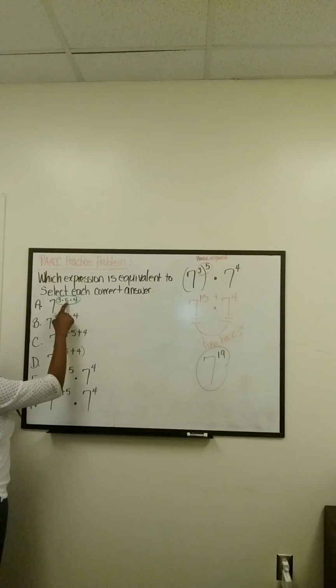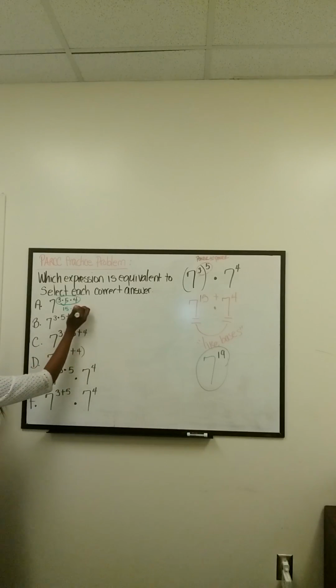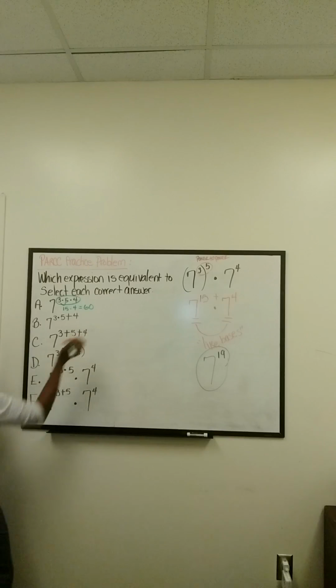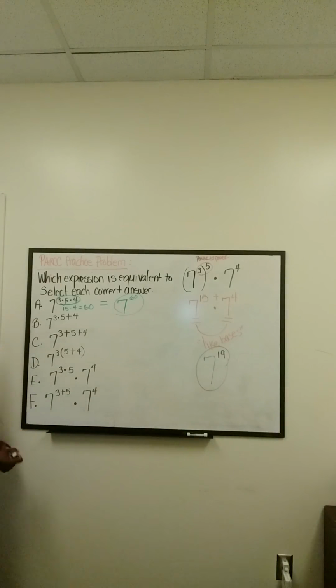So I have 3 times 5, which is 15, and 15 times 4, which is 60. So then we have our base, which remains a 7, and our exponent becomes 60. When we look at this answer choice, we realize that the answers don't match, which means that we can eliminate A as an answer.